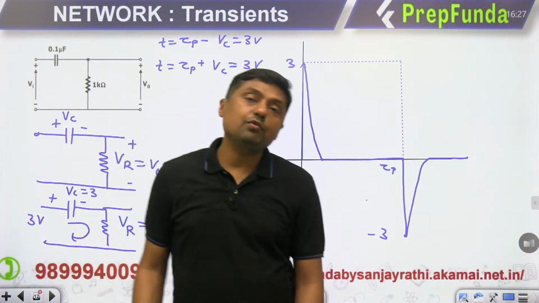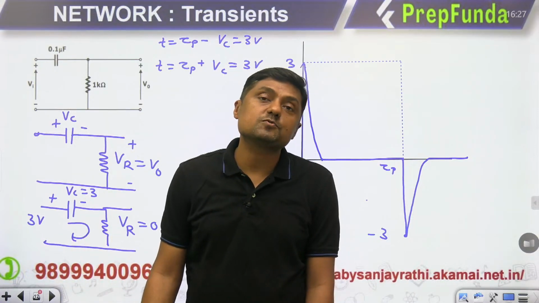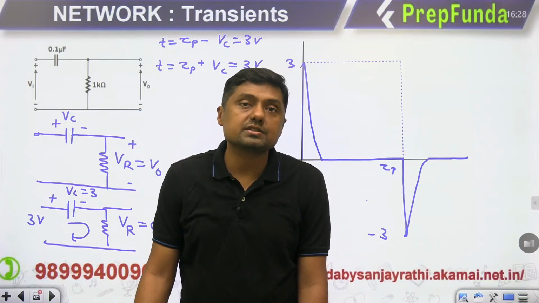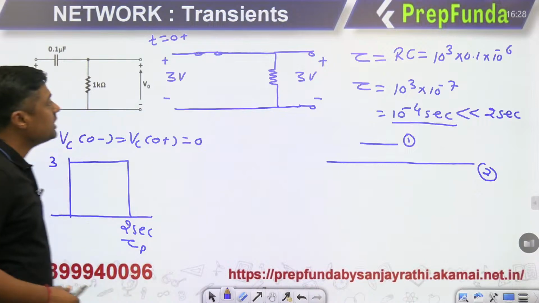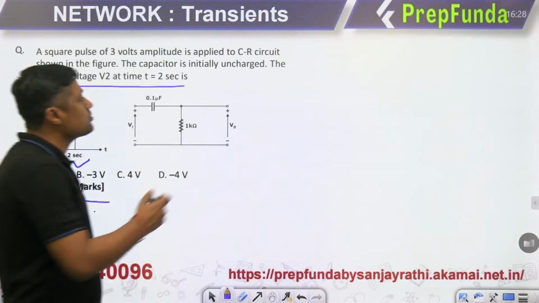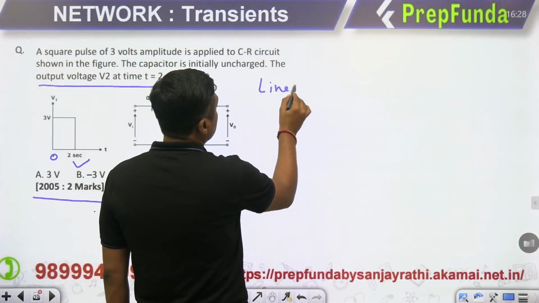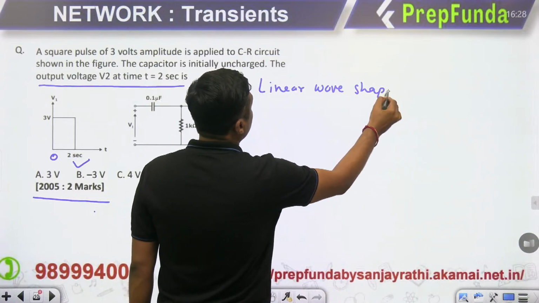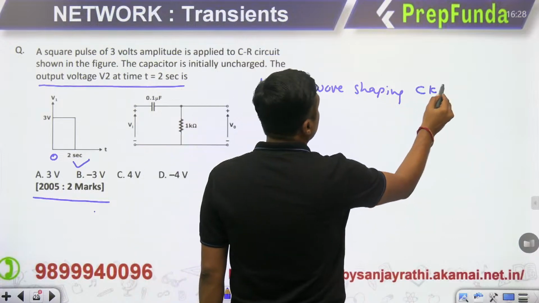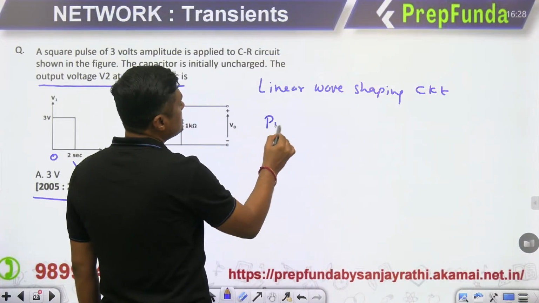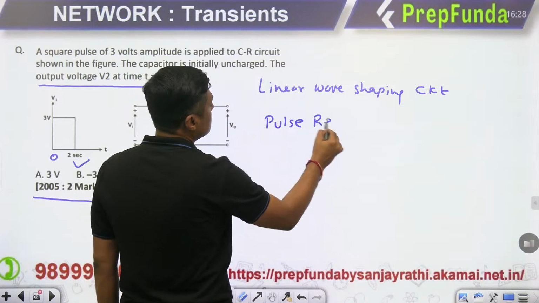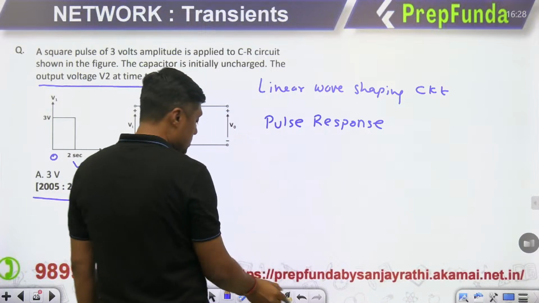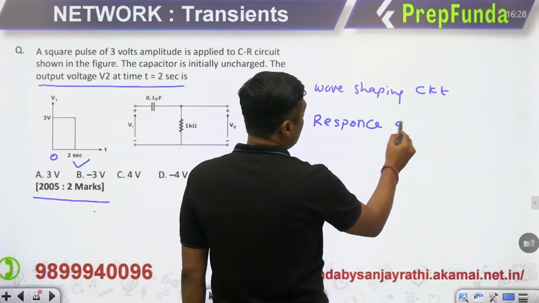This is a very important topic, called pulse response of RC circuit. Pulse response of high pass RC circuit. You should know this. This is a question based on what? Linear wave shaping circuit, guys. And this topic is what? Pulse response of what?